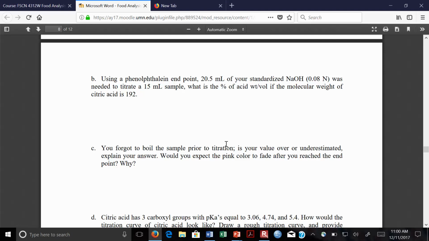So you get a percent of citric acid, which is, I have not calculated that. Maybe I did. 0.67% citric acid.